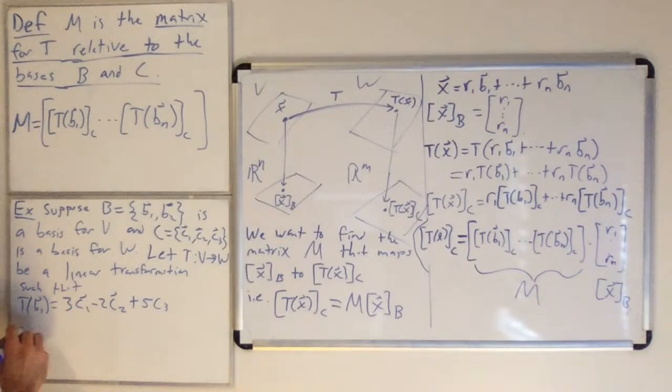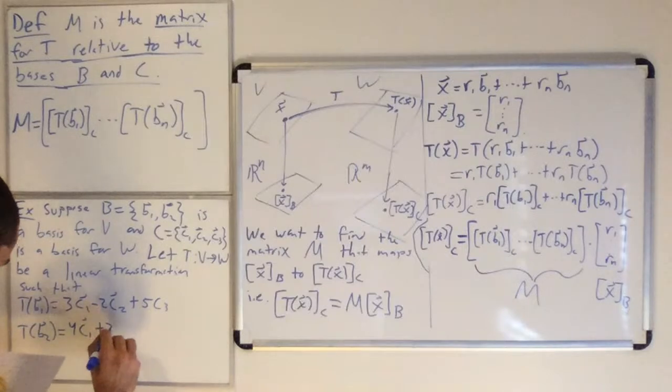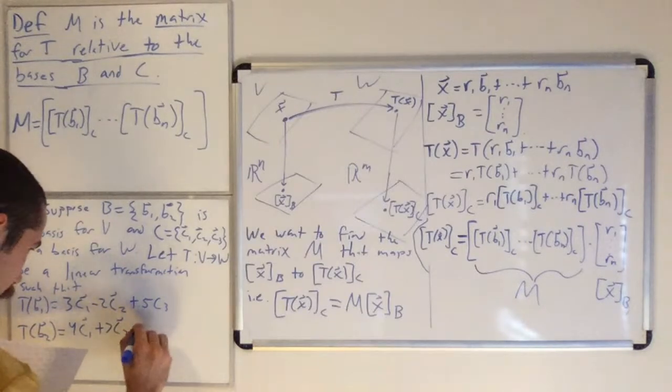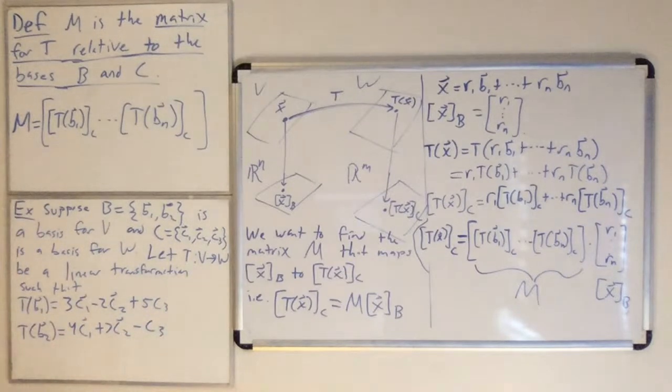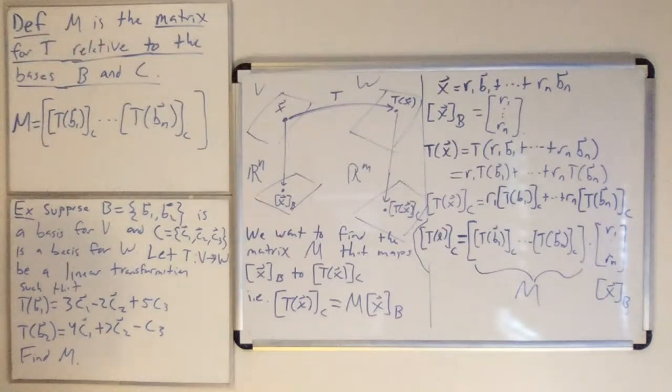And T of B2 is equal to 4C1 plus 7C2 minus C3. And the question is find M, M being the matrix for T relative to B and C. I just don't have space to write that. Okay, so does somebody want to guess in the chat or explain in the chat how you're going to go about finding M here?